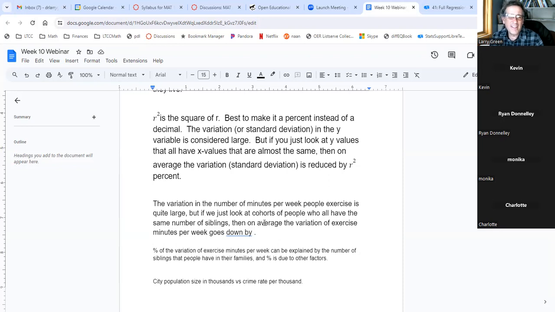But if we just look at the cohorts of people who all have the same number of siblings, then on average, the variation of exercise per minute will go down by, in this case, just 0.1%.